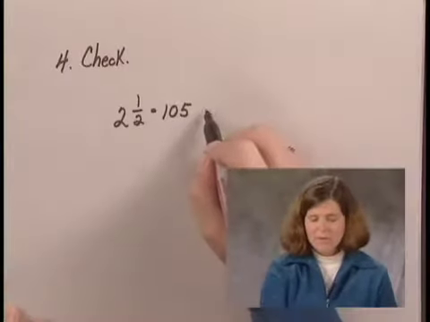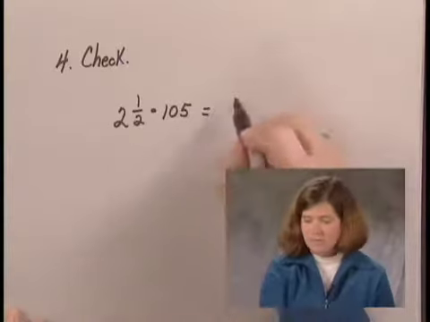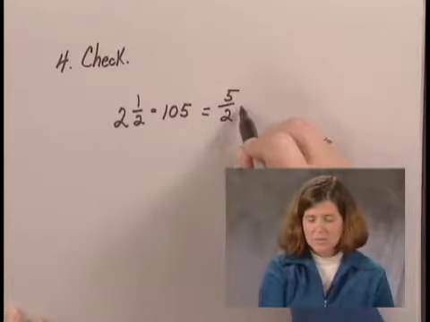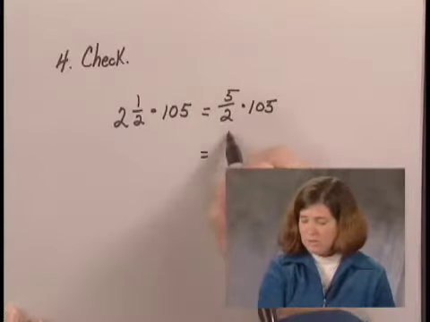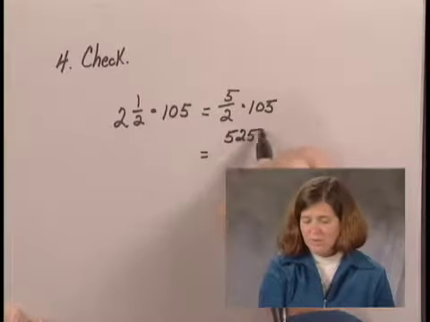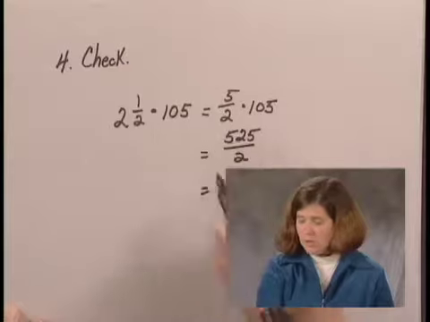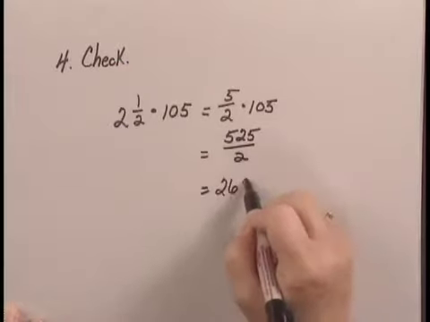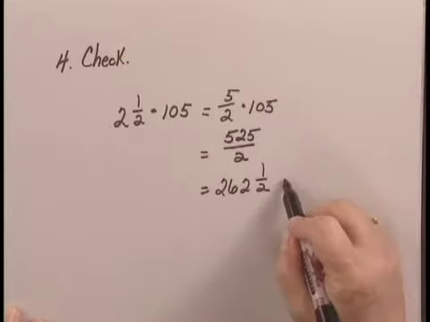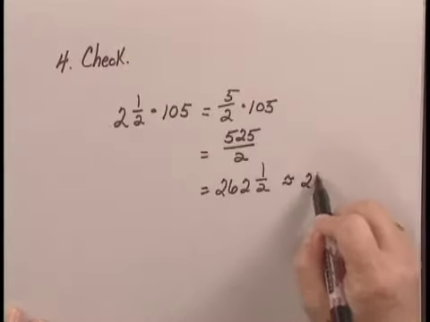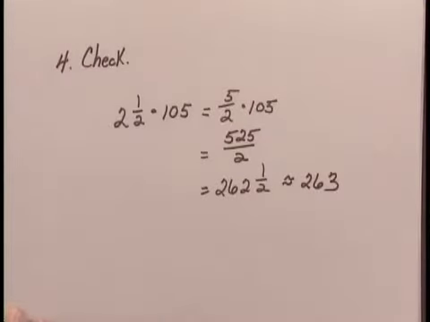So 2.5 times 105 is 5/2 times 105, which is 525 over 2, which is 262 1/2. Now remember, we rounded to get to 105, and 262.5 is very close to the 263 that he lifted. So we do have a check.